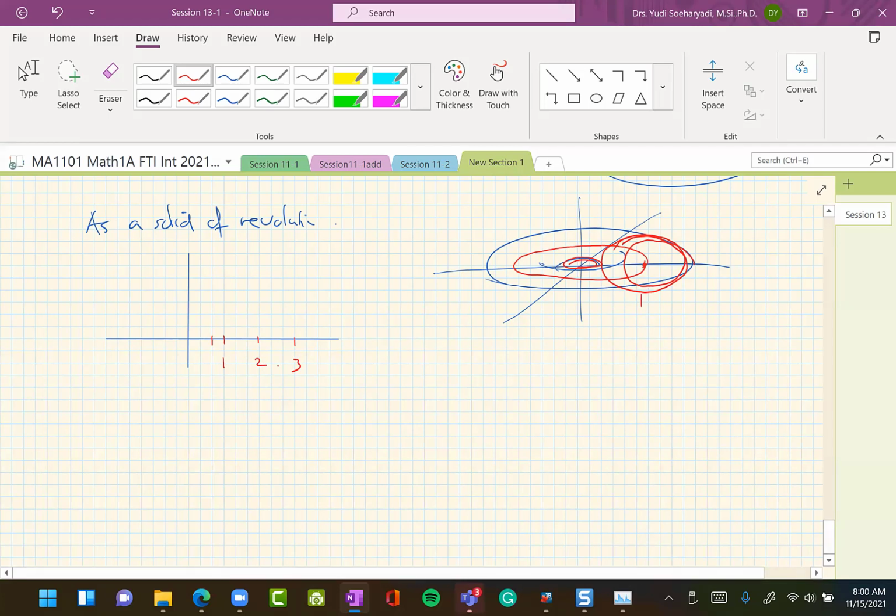Okay, so take a circle, say half circle, and say you rotate this one, and you get half a donut.